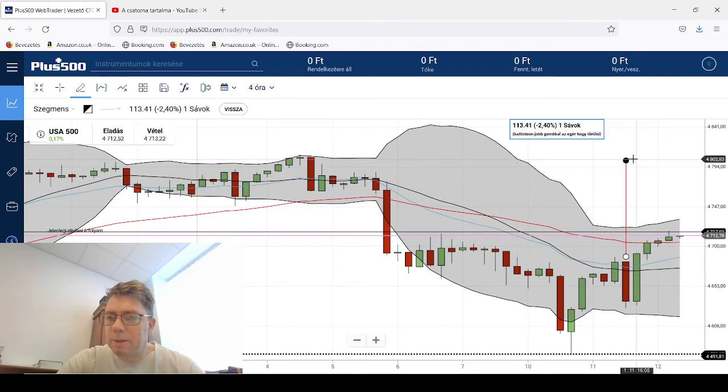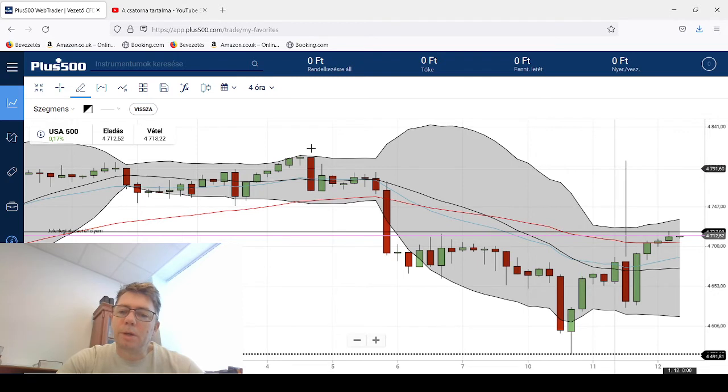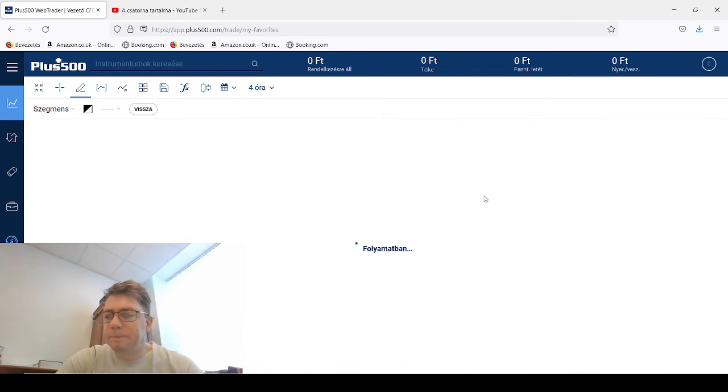And my price target out of this pattern is actually 4,800. So my prediction is that we are on our way to the top. I don't think we will turn around and fall back.